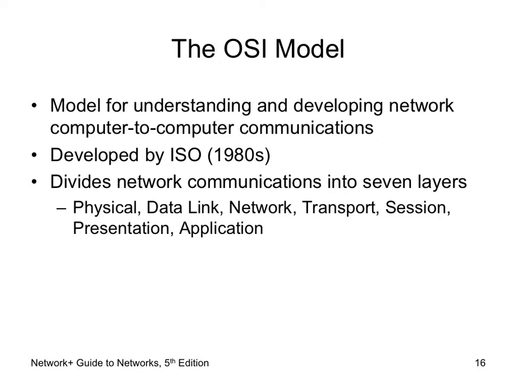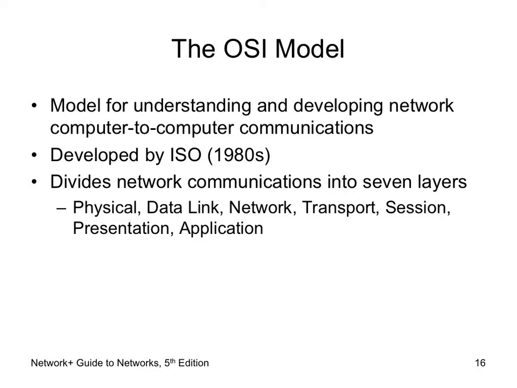There's an OSI layer for the application, and one for session control, making sure sessions stay alive when you're on the internet and communicating via video or text or chat. So it divides the network into 7 layers: physical, data link, network, transport, session, presentation, application.